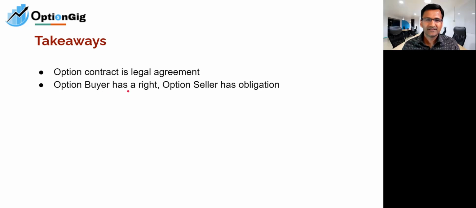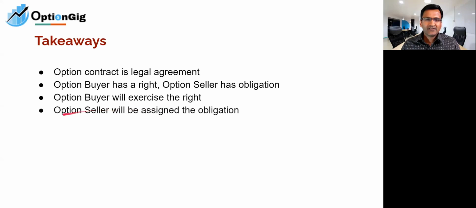Buyer has a right, seller has obligation. So the buyer may exercise the right. Many times the buyer may not even exercise its right because it's not profitable. And the seller will be assigned the obligation.